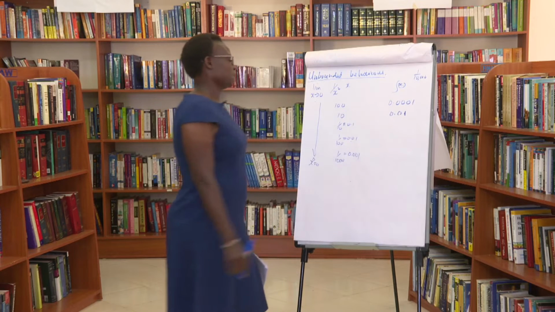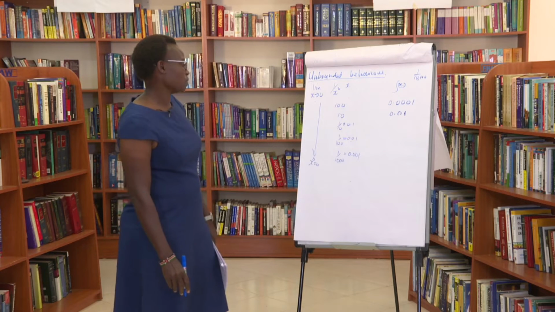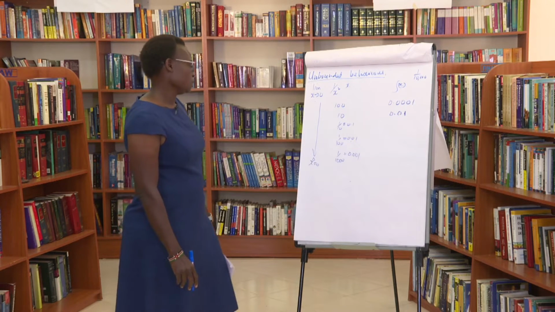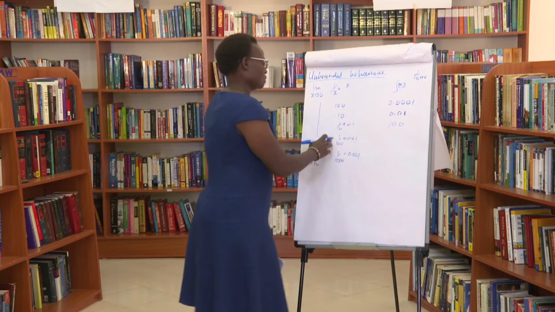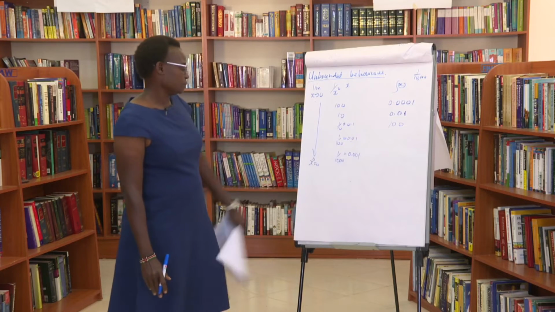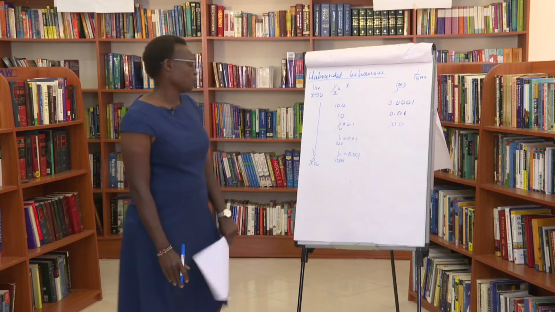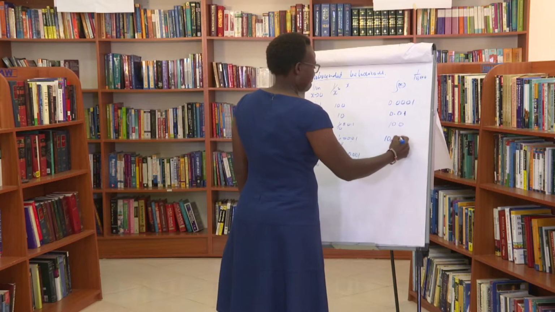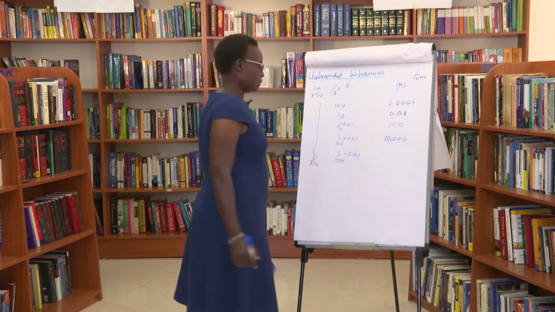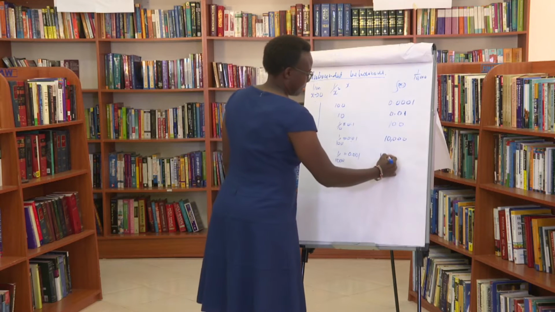And then when x is 0.1, that is 1 over 10 squared, so that would give us 100. When it's 1 over 100 or 0.01, that would give us 10,000.